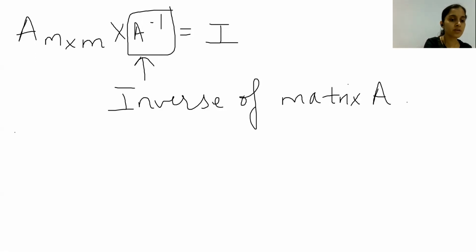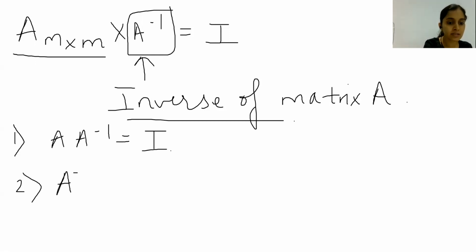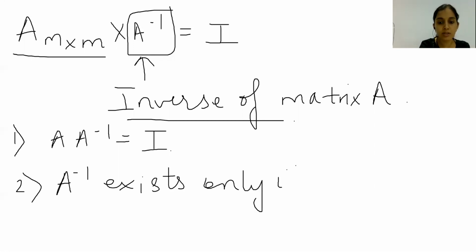Now let us learn what are the properties of this inverse. First, A A inverse is equal to I. That means when I multiply the matrix A with its inverse, the answer is an identity matrix. This is the first property. Second property, A inverse exists only if, very important, only if determinant of A is not equal to 0.